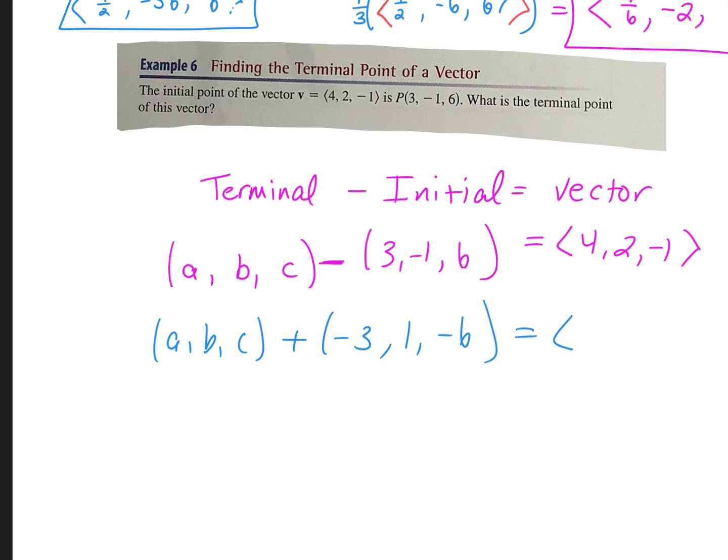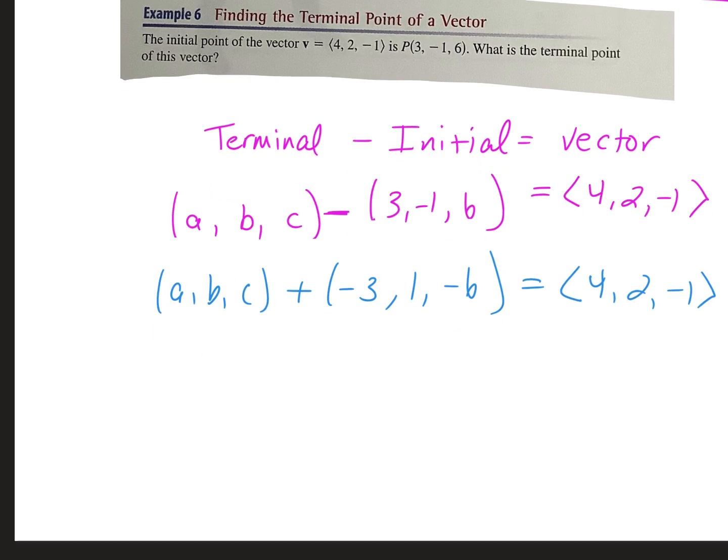So I still have this over here. I distributed that negative. So how would I solve for each one individually? You guys, 3 different people all said the correct same thing. We need to get the letters by themselves, right? So how would I get -3 to go to the other side? I'd add it. What would I add it to? To the 4, okay.